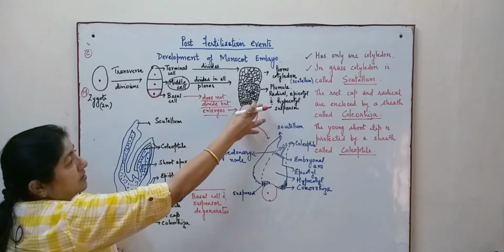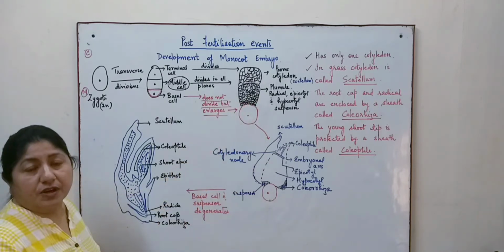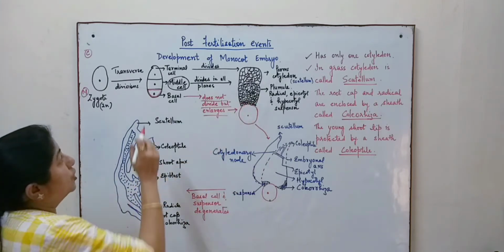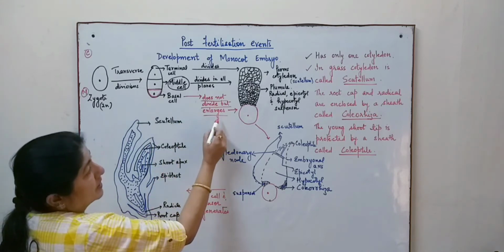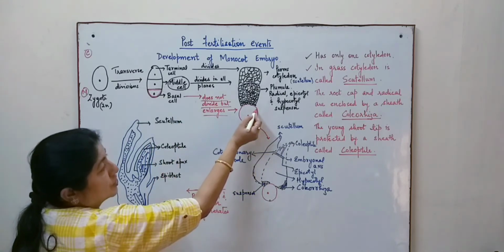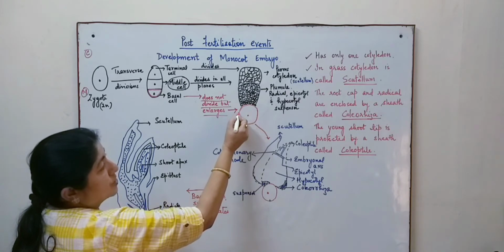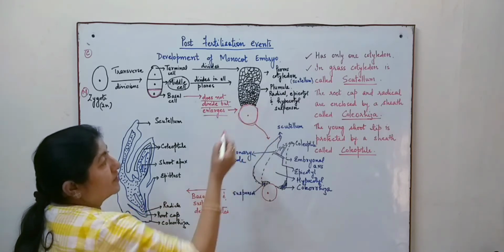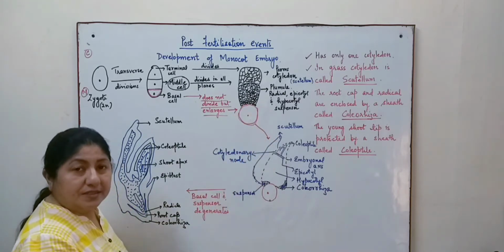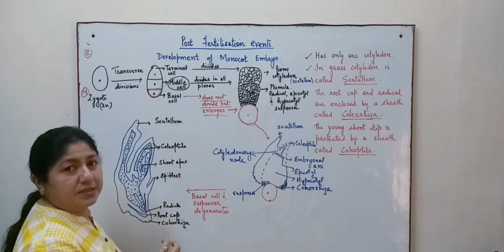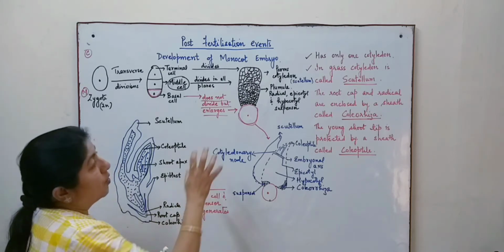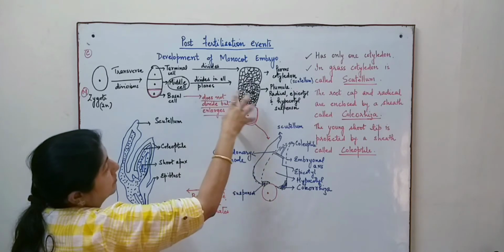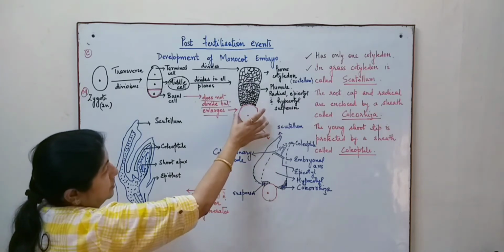This is just a graphical representation to give you an idea of what happens. The basal cell will not divide, but it will enlarge and form an enlarged structure. Like we have studied previously, the basal cell forms the suspensor and the haustorial cell. Over here it is not forming so, but it will enlarge and form a structure.